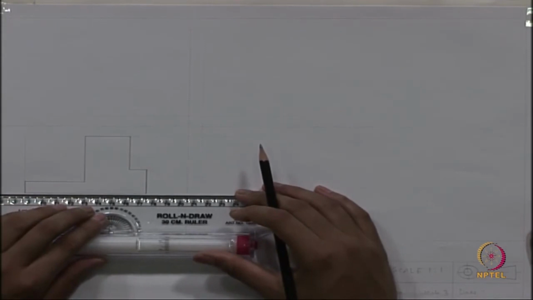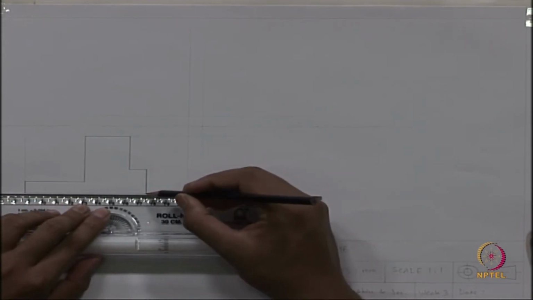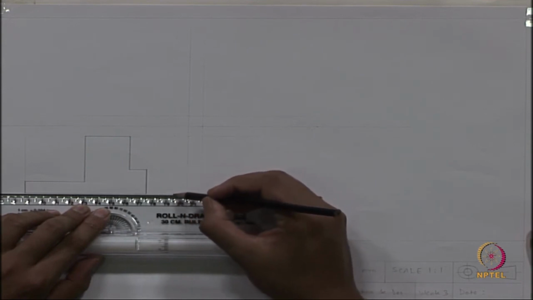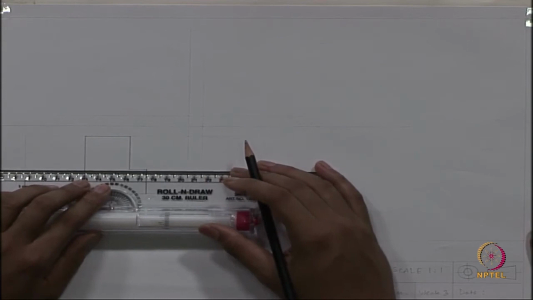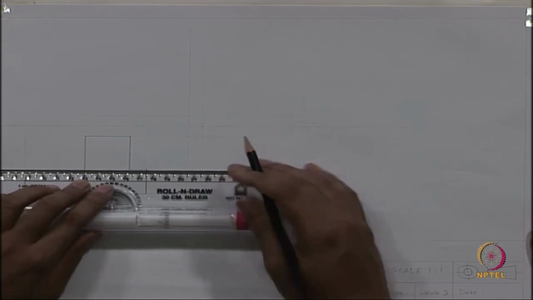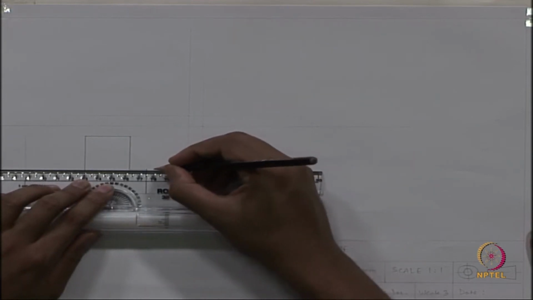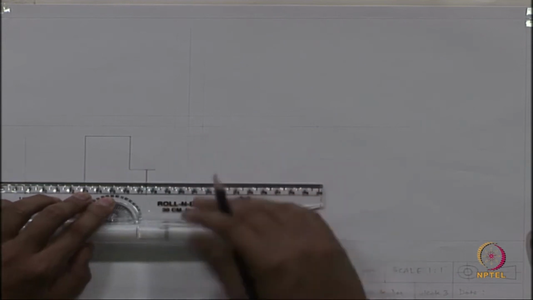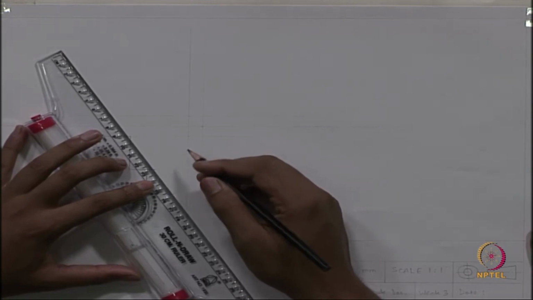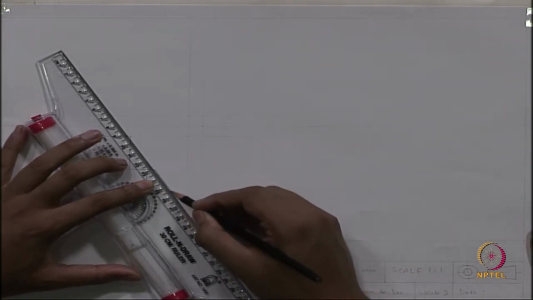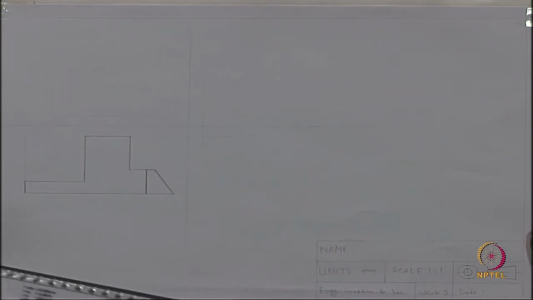Again I remind you, for drawing I will use a 2H pencil. 20 and here 6. Then if I join this, I will get that inclined surface that you have seen in the drawing.